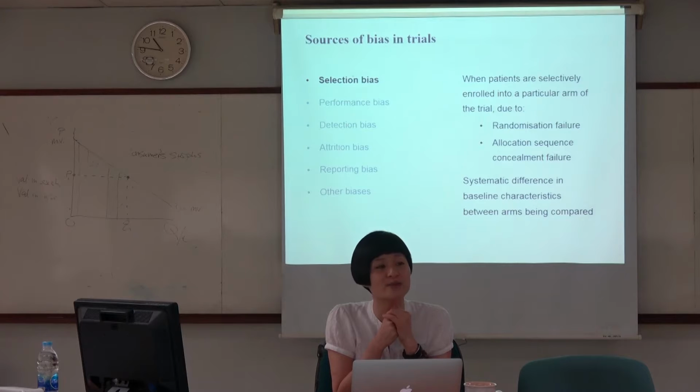What did they do in terms of randomization? For the random sequence generation, they stated that the allocation schedule was generated using a list of random numbers. Mm-hmm. And then for allocation concealment, they explicitly stated that the allocation to treatment group was made by using cards in sealed envelopes.